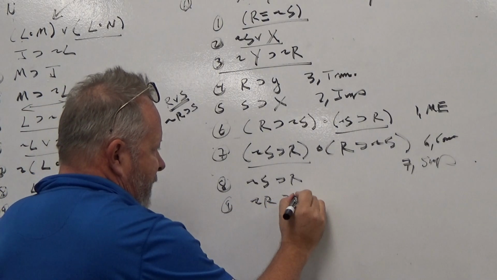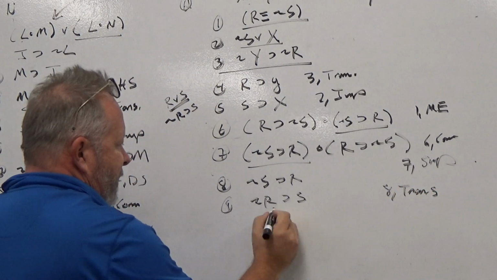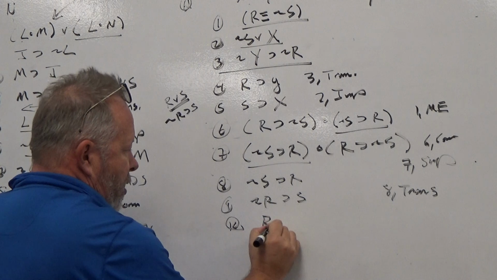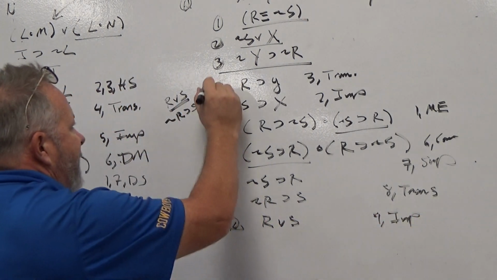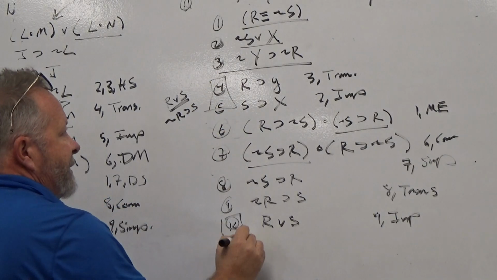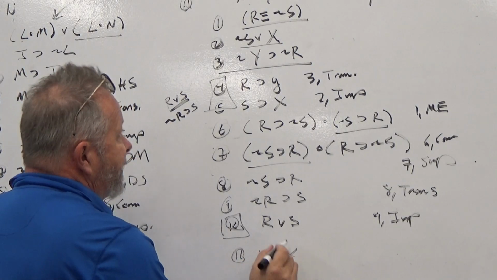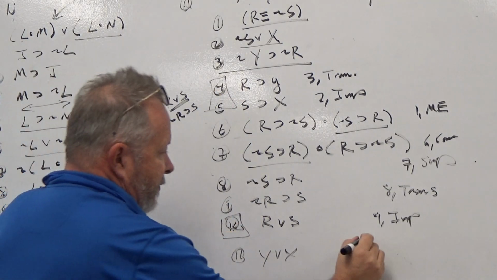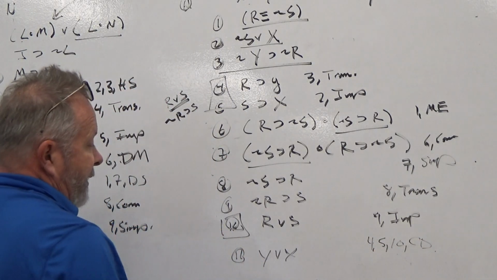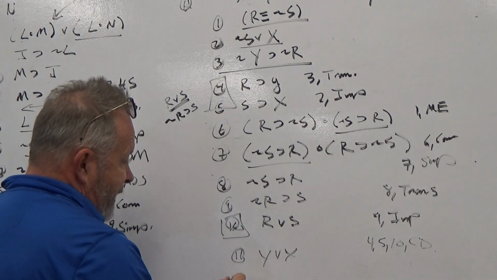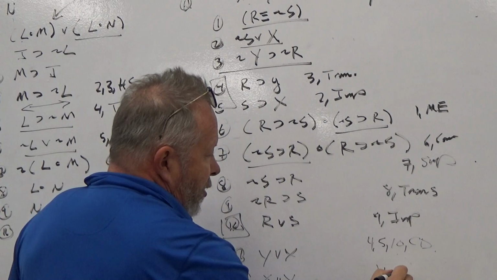Becomes not R, then S from 8 by transposition. Now I can convert this to an OR, R or S from 9 by implication. And now 4, 5, 10, I'm going to get Y or X, constructive dilemma. And, well, we want X or Y, so all we have to do is X or Y from 11 by commutation.